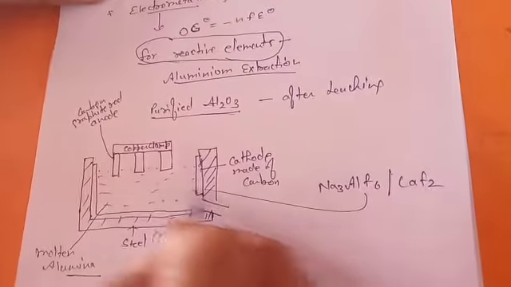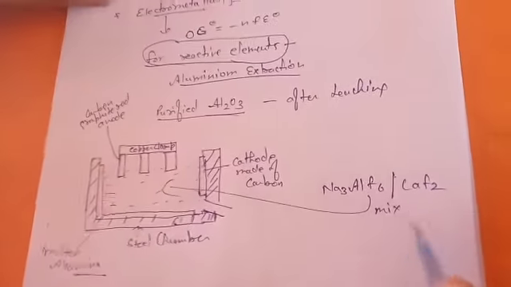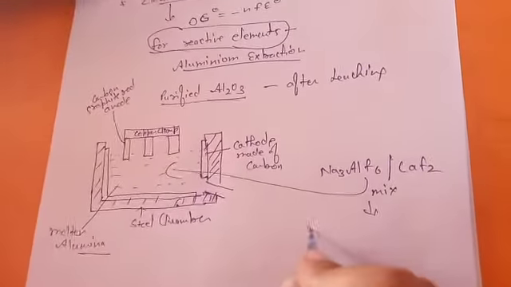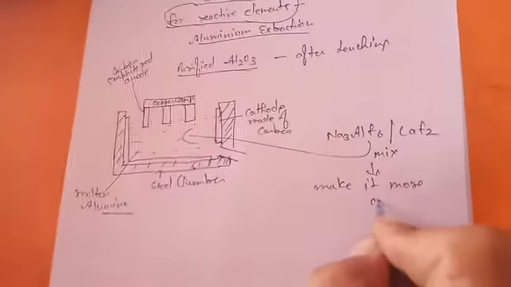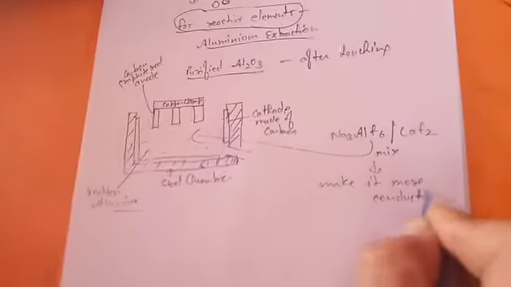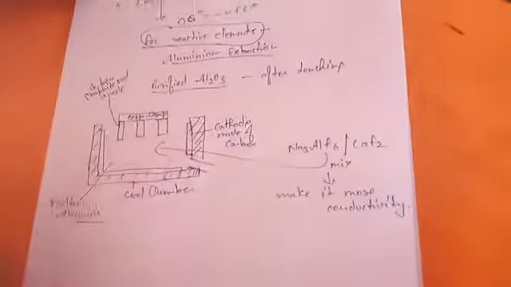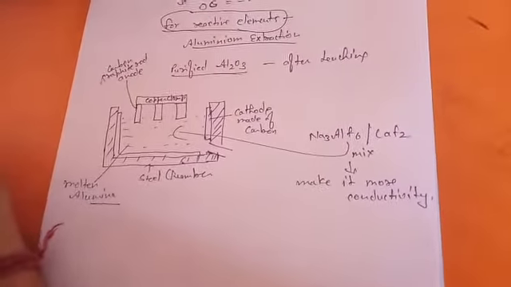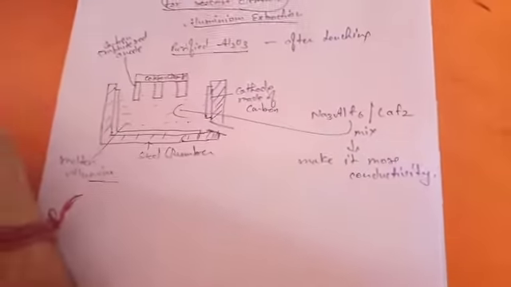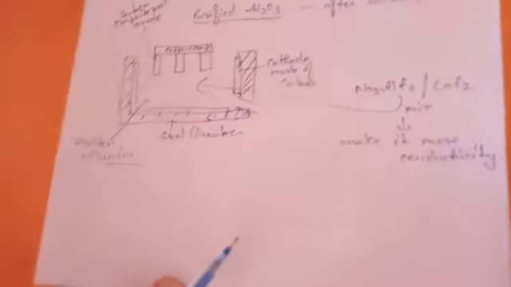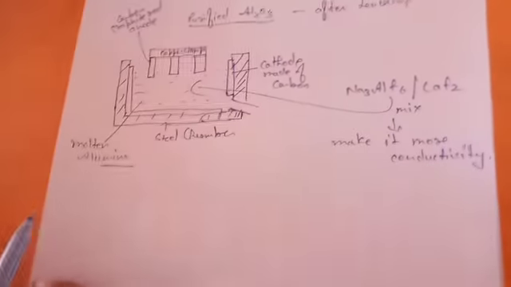Why? To make it more conductive, because alumina is quite a poor conductor. So we add cryolite, or Na3AlF6. You can use any one of these to make it conductive.